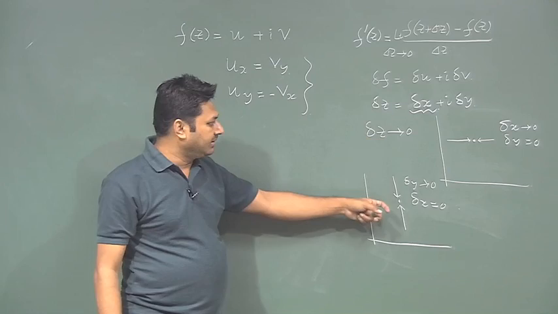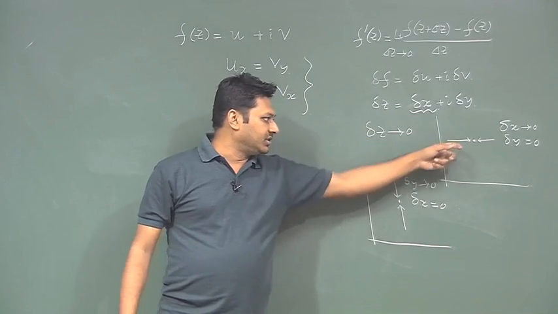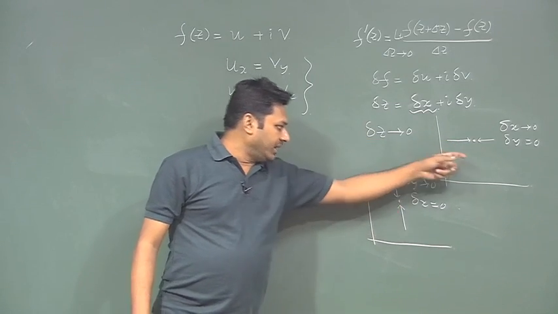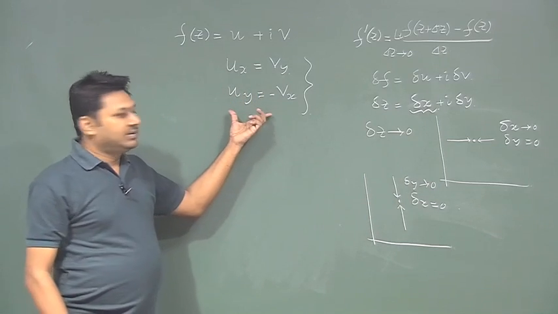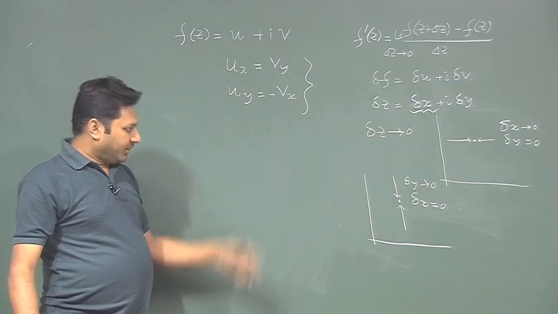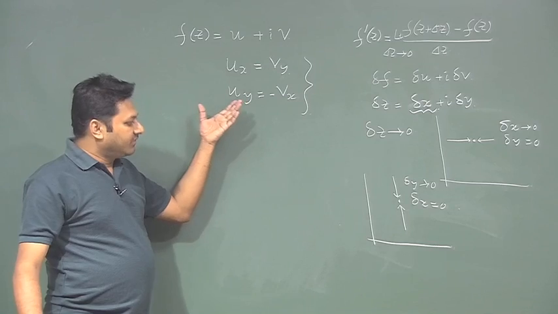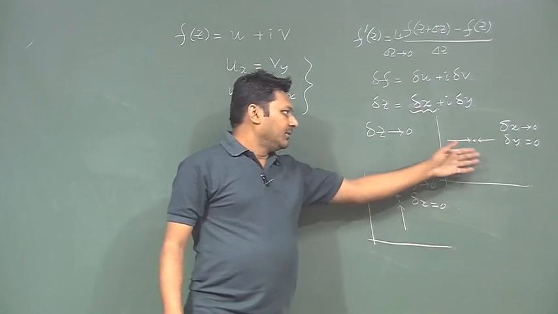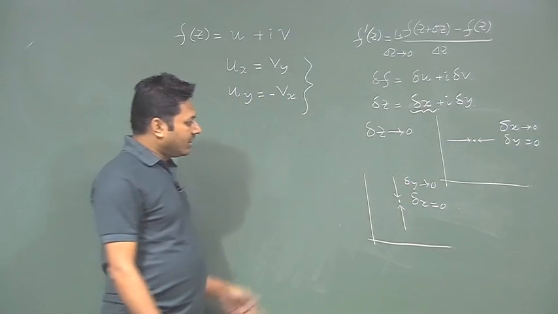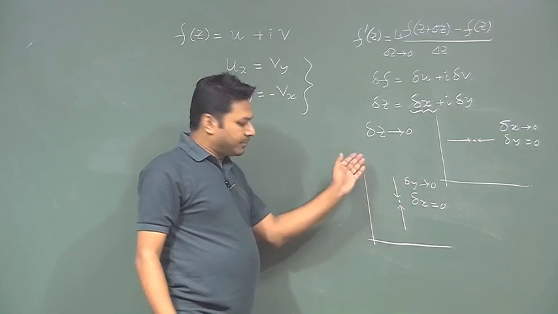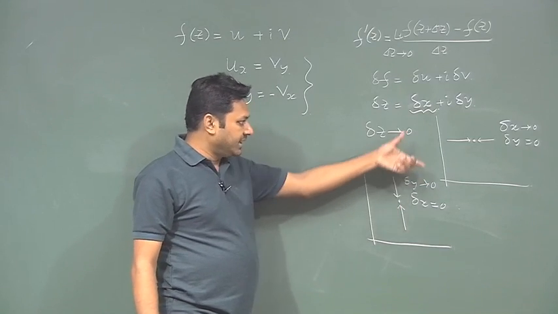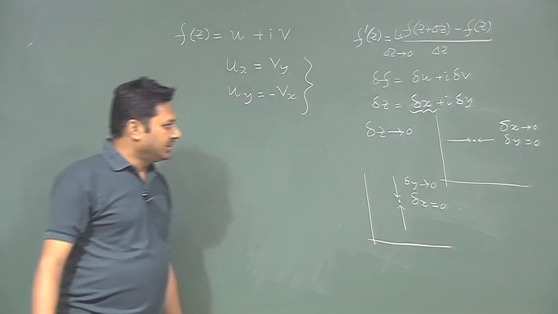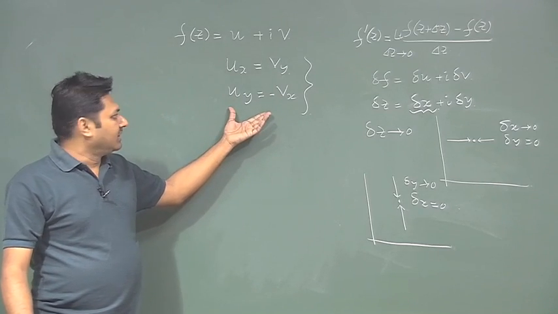In order to satisfy this limit I took two preferred conditions and derived this equation. But the question is, does this way really give you the total picture? Because I ignored all the other approaches, I took two preferred directions, did the calculation, and got this expression.